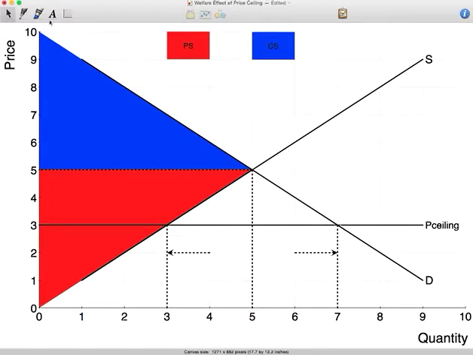And let me put a text box in here. So we're going to have a shortage, and that is going to equal 4. Don't want to do that. Come on now. There we go. Come on. I'll put it in the middle.